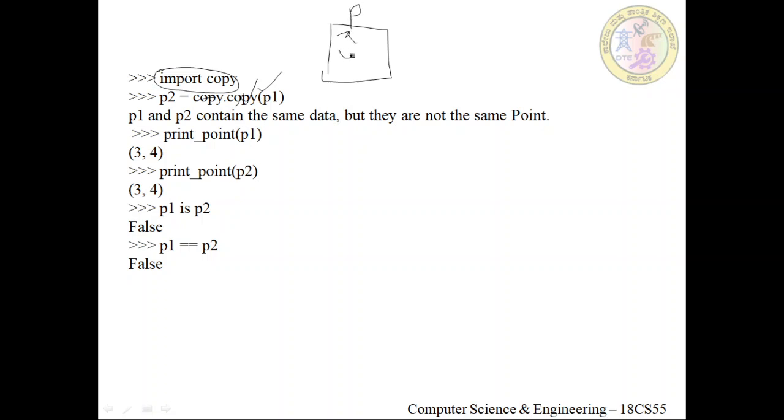This is X and this is Y. X is 10, Y is 20. Since I have used copy, it allocates a separate memory location for P1 and duplicates the attributes: X is 10 and Y is 20.